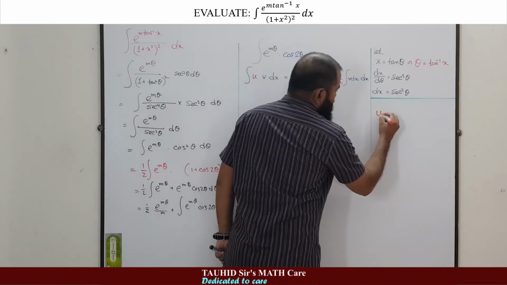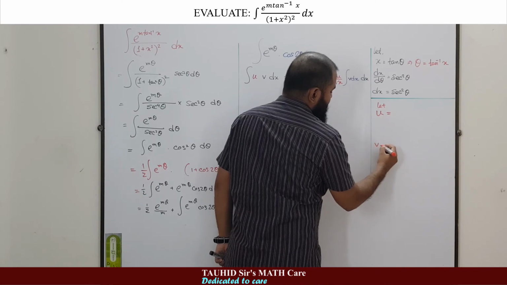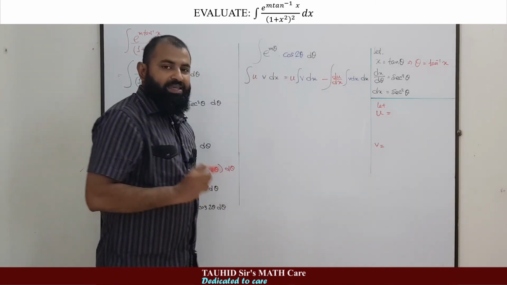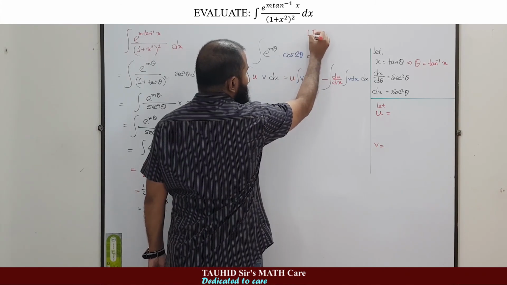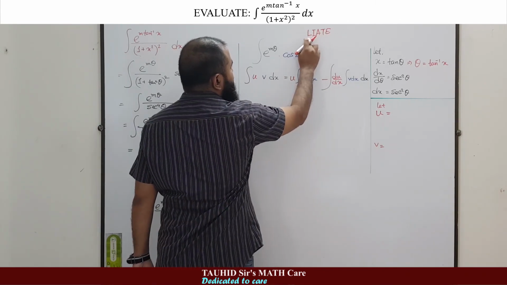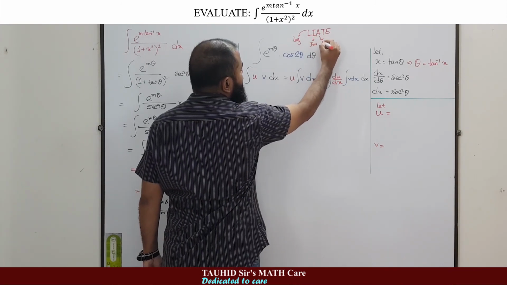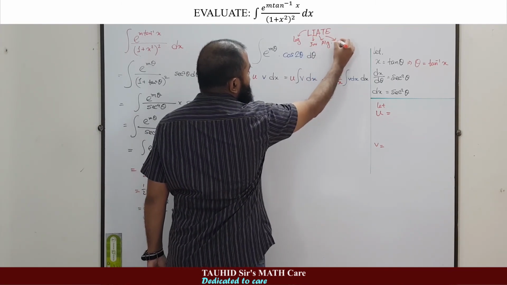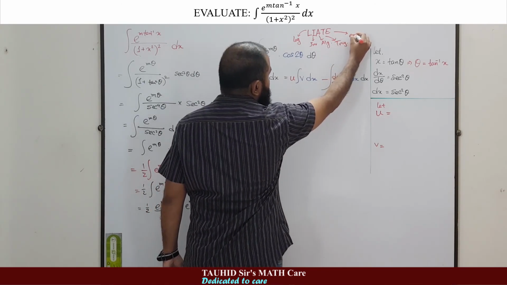Now, which one should I let as u and which one should I let as v? For this assumption, we need to use the law of LIATE. L for logarithm, I for inverse, A for algebraic, T for trigonometric, and E for exponential.